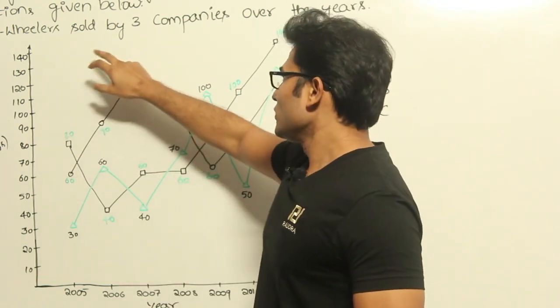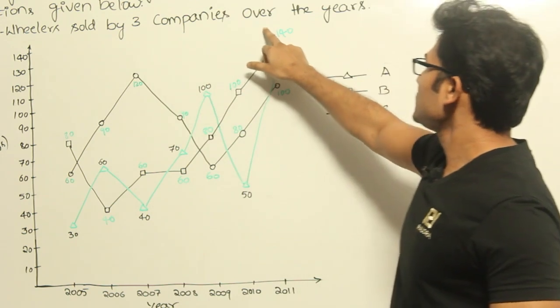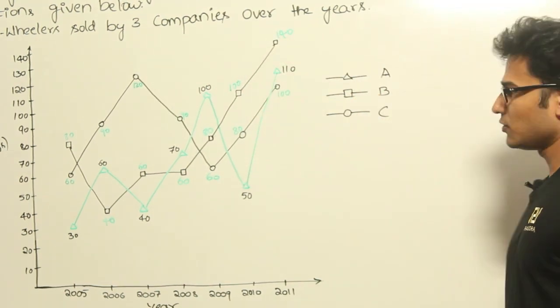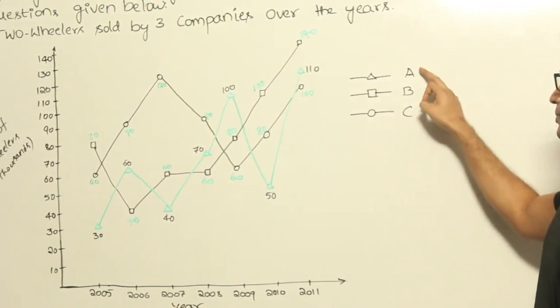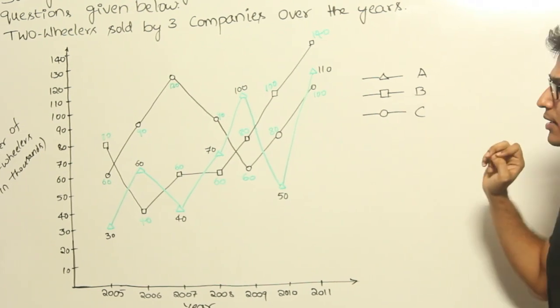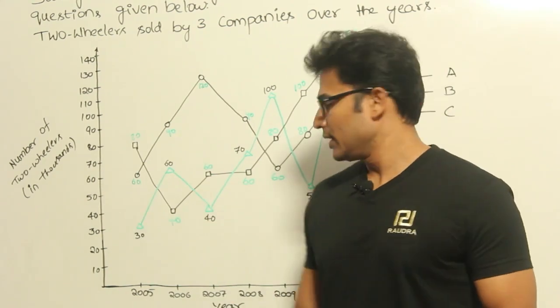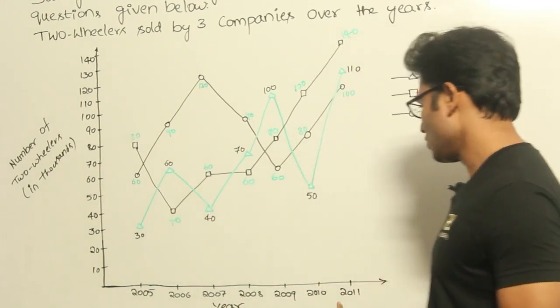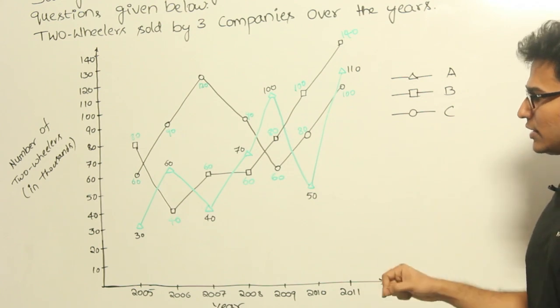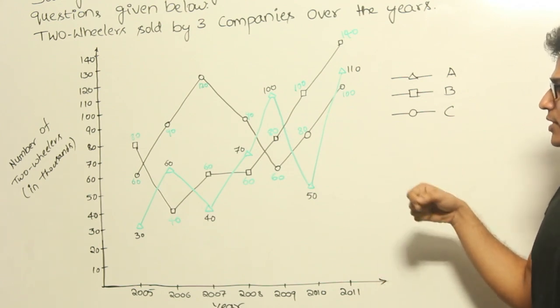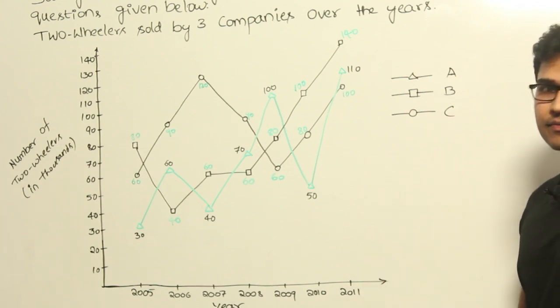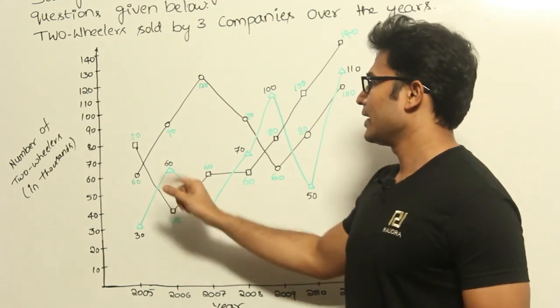Two-wheelers sold by 3 companies over the years are given here. There are 3 companies, company A, company B and company C, and these are the two-wheelers sold in the years 2005 to 2011, which means every year how many two-wheelers each company is selling, represented by the line graph.